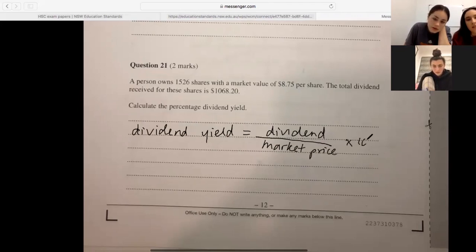Is that right? Cool. And then we can just sub the numbers into the formula. But I think there is a trick. Yeah, the amount of shares.